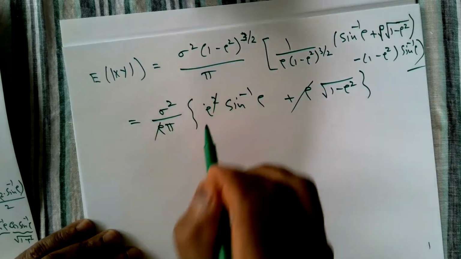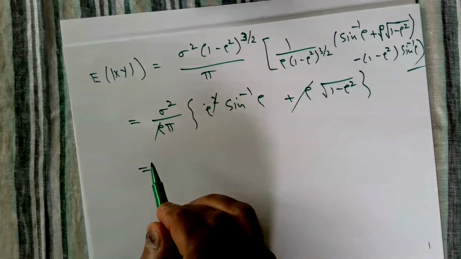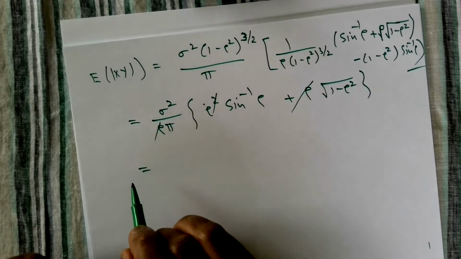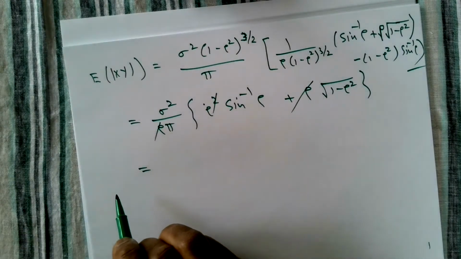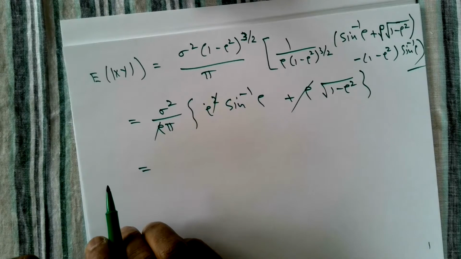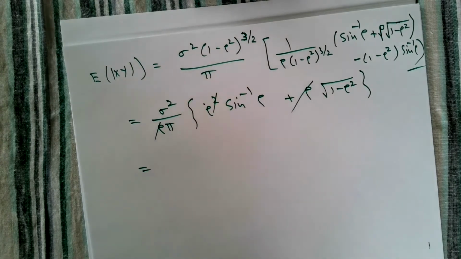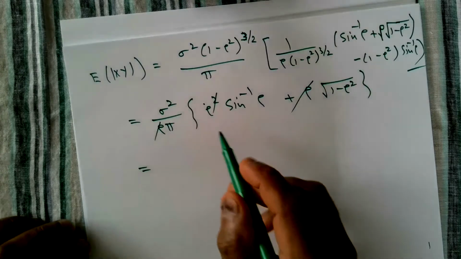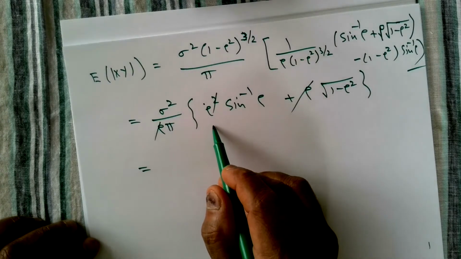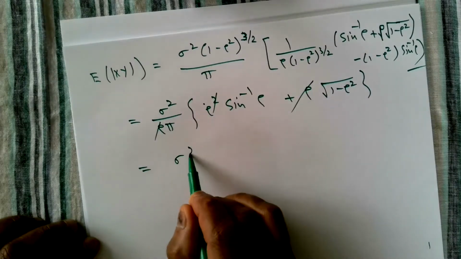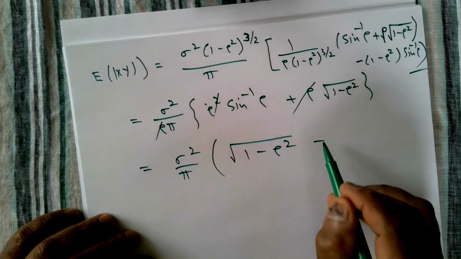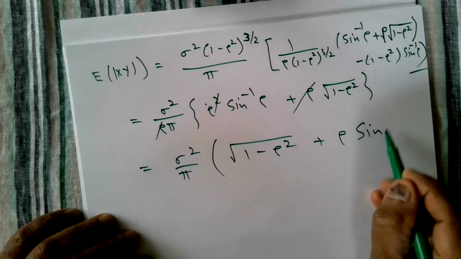So if I cancel the rho, you get the result to be sigma squared over pi, square root of 1 minus rho squared plus rho sine inverse rho.